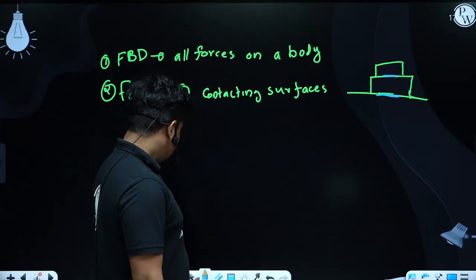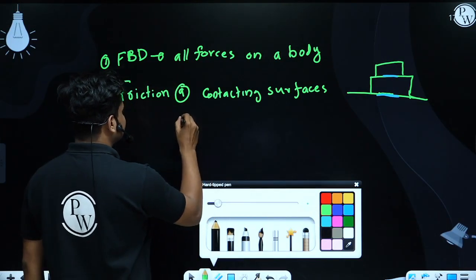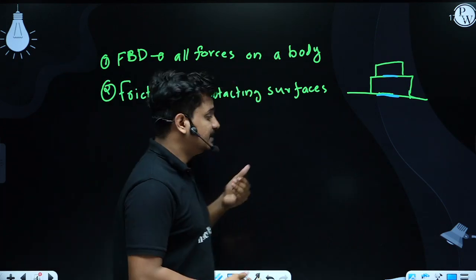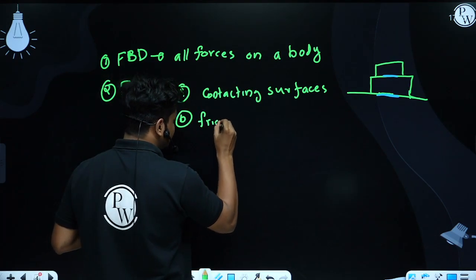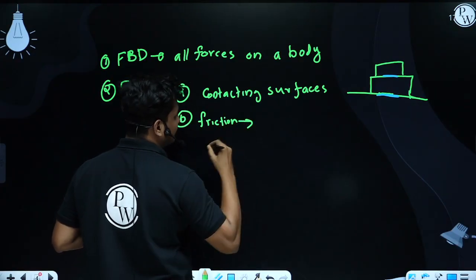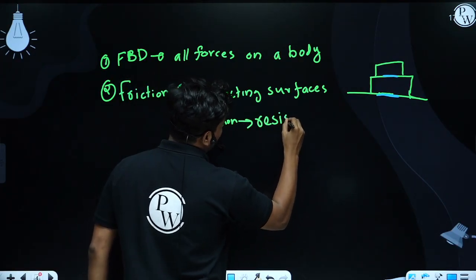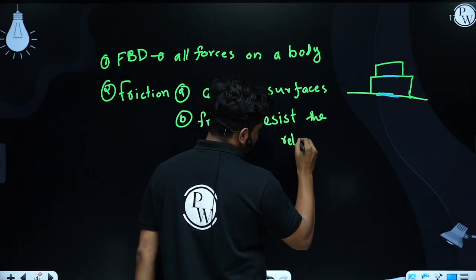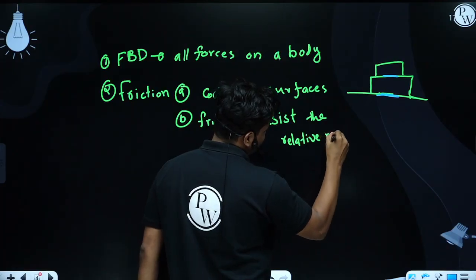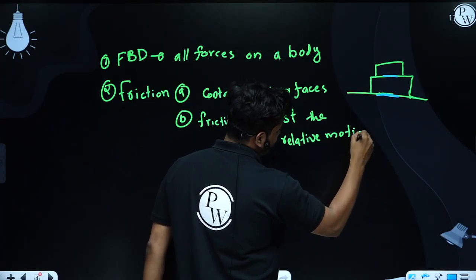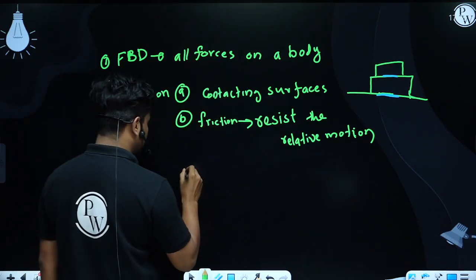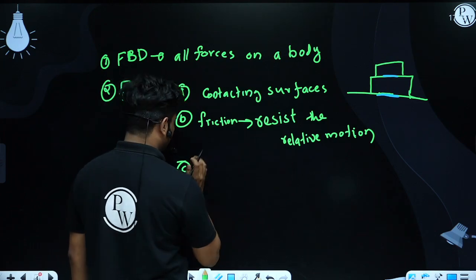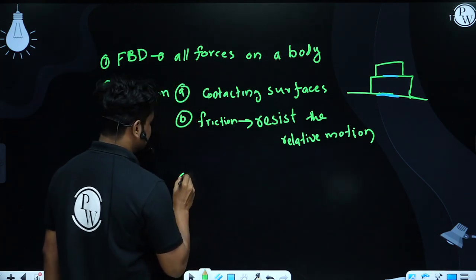Then the next point is, what is the duty of friction? You should remember, friction always resists the relative motion. We will discuss that in our theory section. Then the third point about friction is the direction.